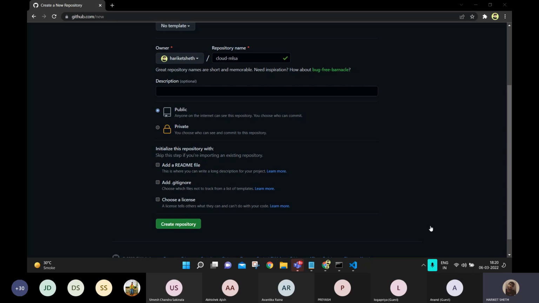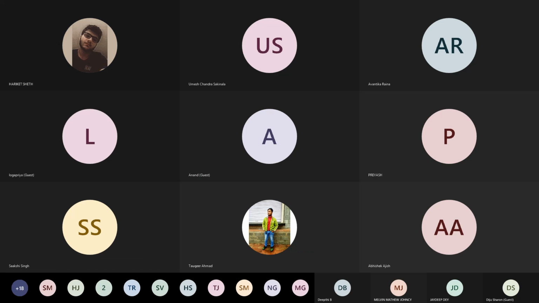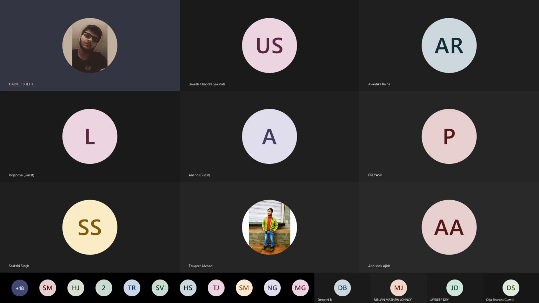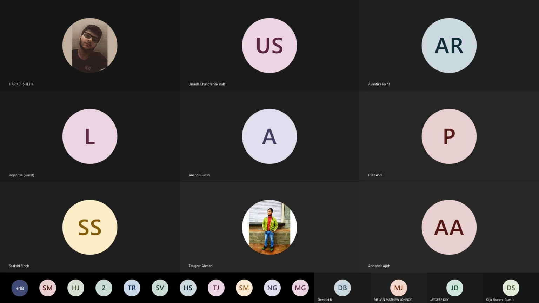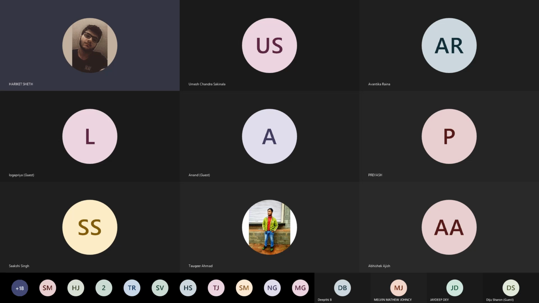Let me stop sharing, and then maybe I can click. Maybe try changing the browser. Yes, I can go to incognito mode and then try.